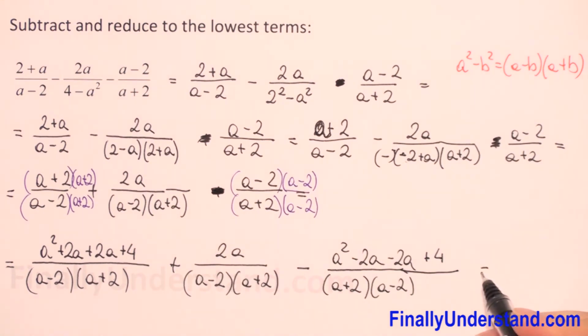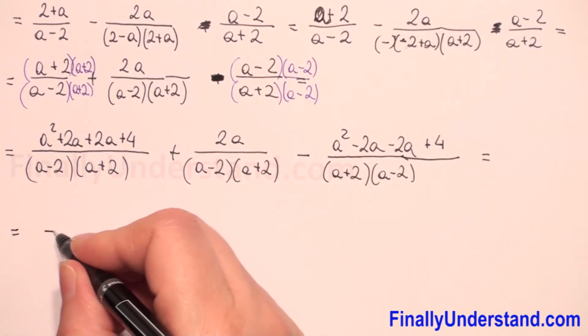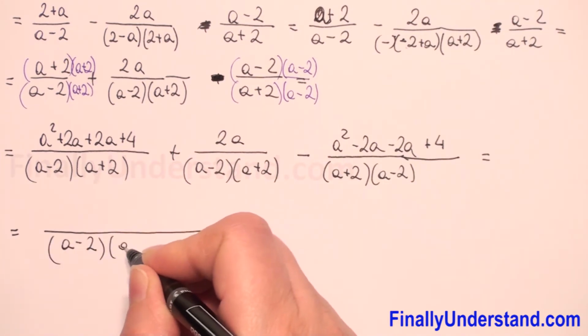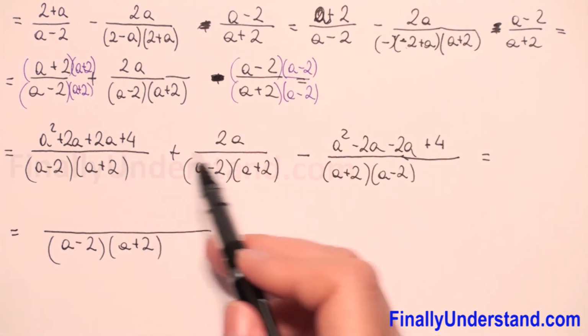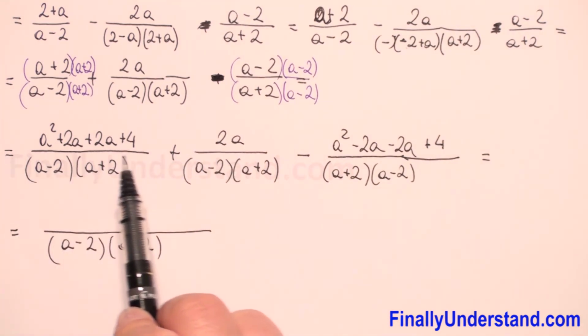So now when we have the same denominators, we can copy the denominator, a minus 2 times a plus 2, and we can add. When we have addition and subtraction, we start from the left side.